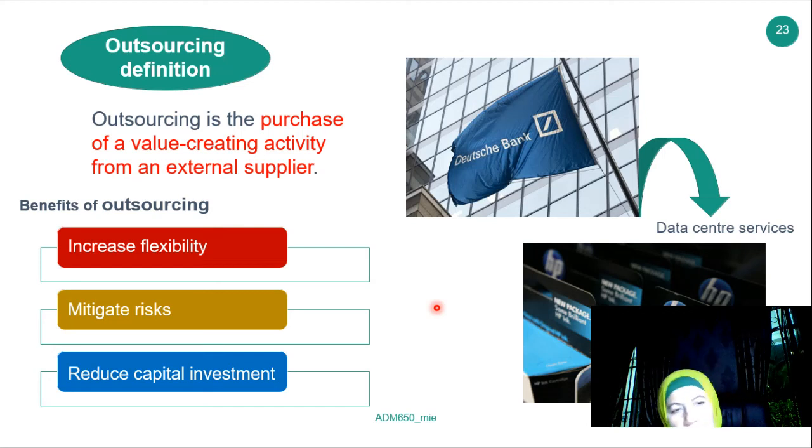The second benefit of outsourcing is that it mitigates the risk of failure, because the organization usually outsources to the experts, to the best, so it is able to mitigate the risk. However, there is one concern regarding this.